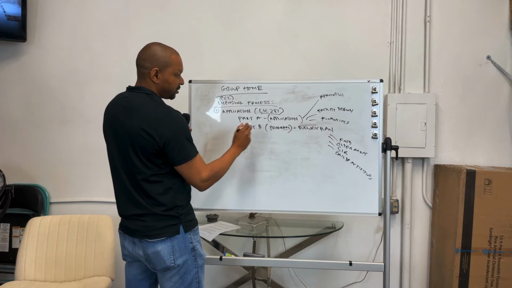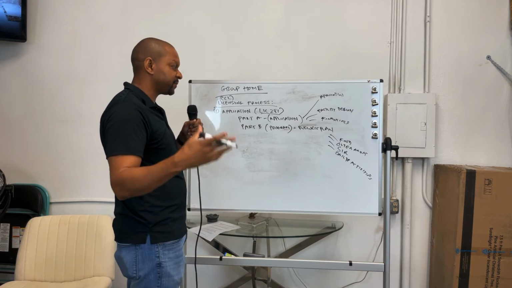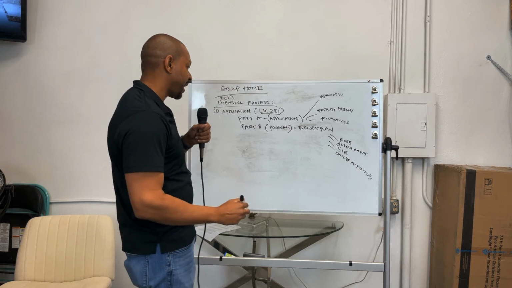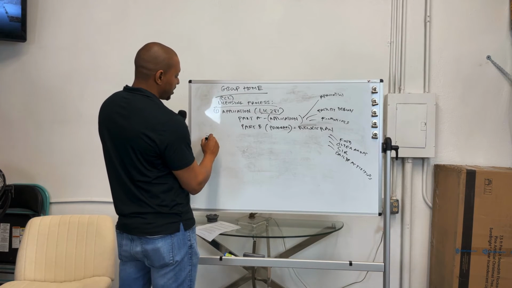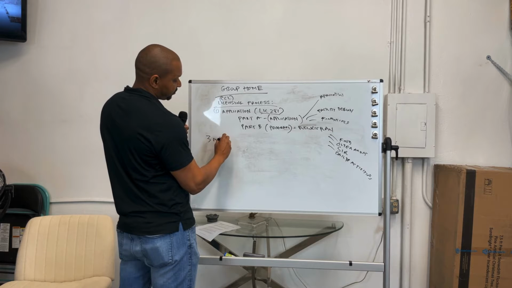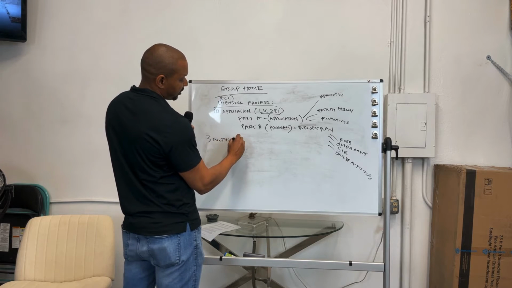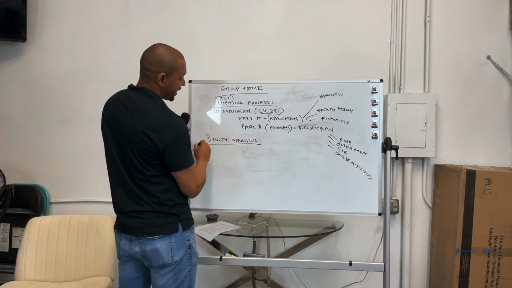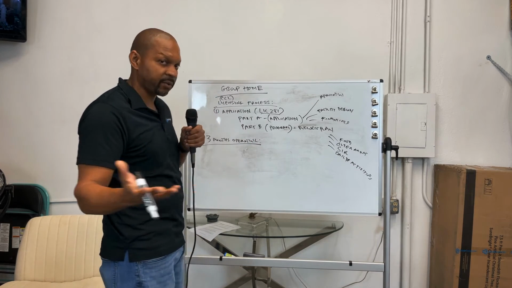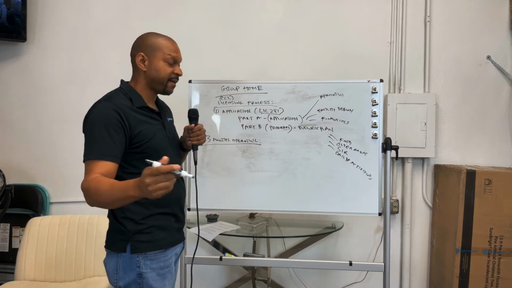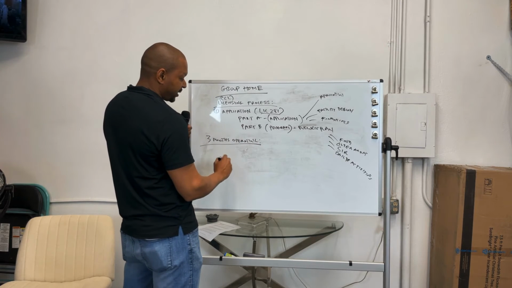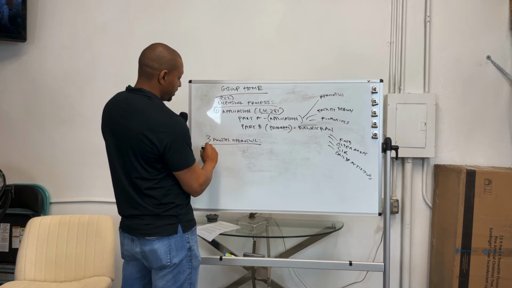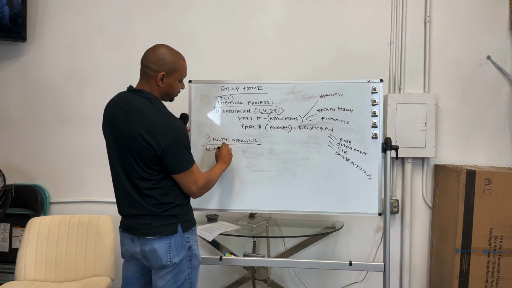Now, one thing I want to show that often takes a lot of you guys out of the game is that you need to show 3 months operating expense. Now, this has to be liquid cash, basically. You have to have this 3 months operating expense in the business name.